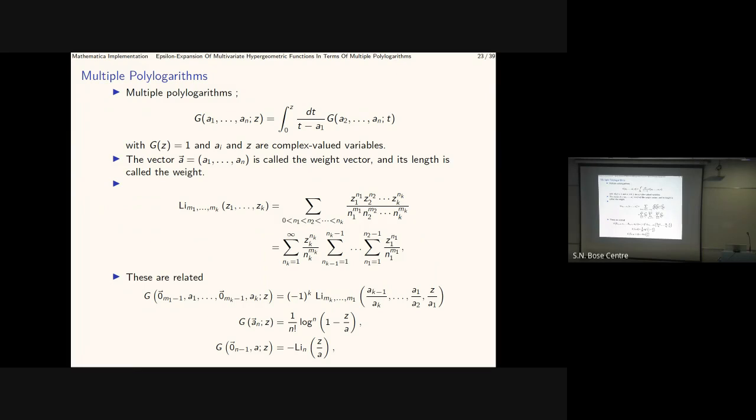These are all related to the well-known logarithms or their generalization called polylogarithms, and this is what we are going to expand the function in finally.